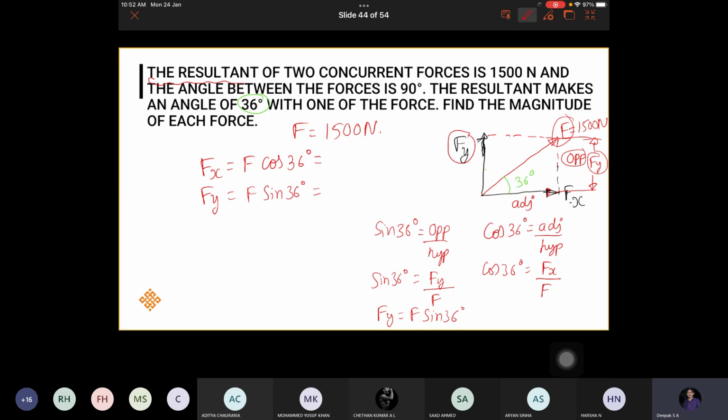So what is the F value? 1500. So 1500 cos 36. What is the value? Can you find it using a calculator? Sir, root 5 plus 1 by 4. No, you calculate what the value is. Sir, 0.809. No, what I'm asking is, put 1500 cos 36 in your calculator.